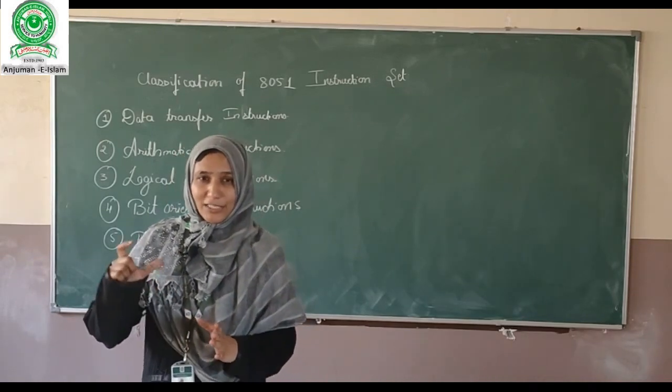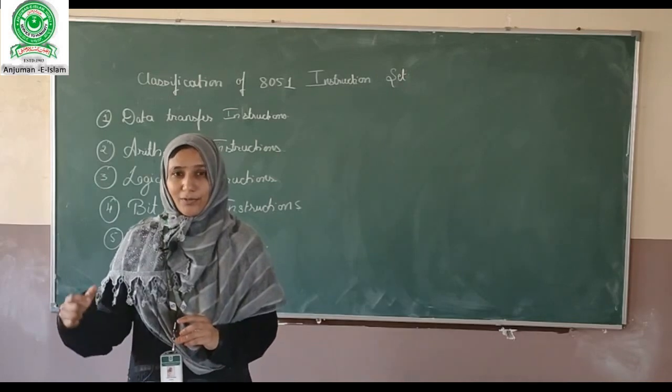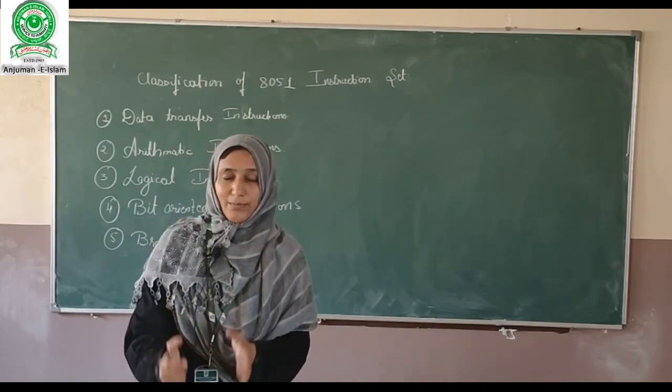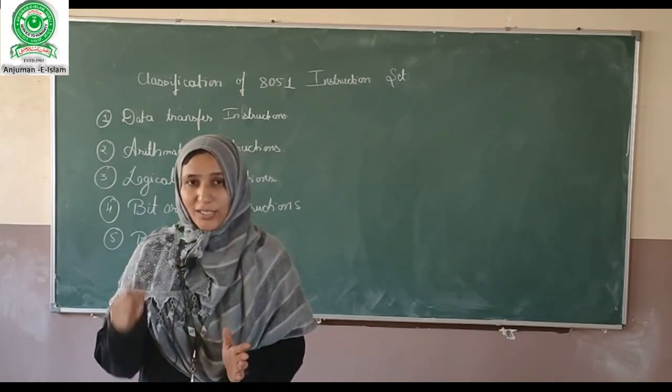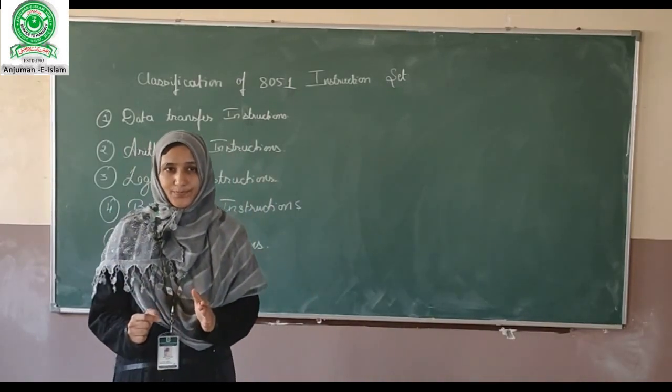Microcontroller is nothing but a machine. Now this machine can do various actions, or it can perform a huge number of actions. If we want to tell the microcontroller what action it has to perform, we tell it through a command. This command, we call it the instruction.